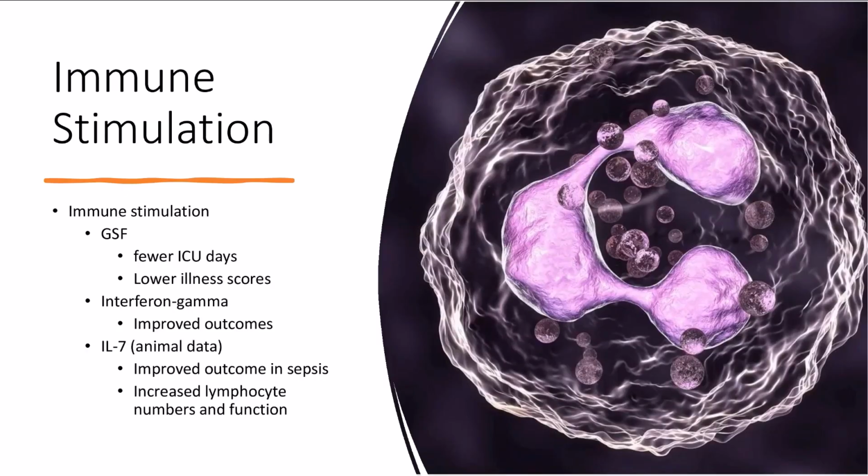But what they've found is that granulocyte colony stimulating factor in people results in fewer ICU days and lower illness scores. Interferon gamma is associated with improved outcomes, so reduced mortality. And some preliminary animal data on the use of interleukin-7 shows that there is improved outcome in experimental models of sepsis in dogs, and increased lymphocyte numbers and function.